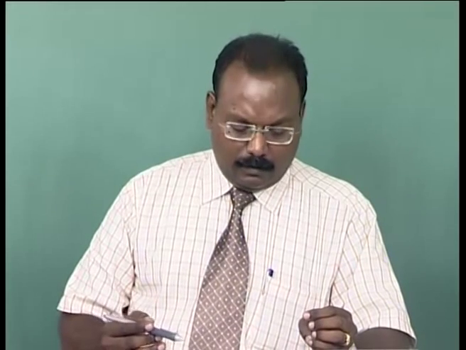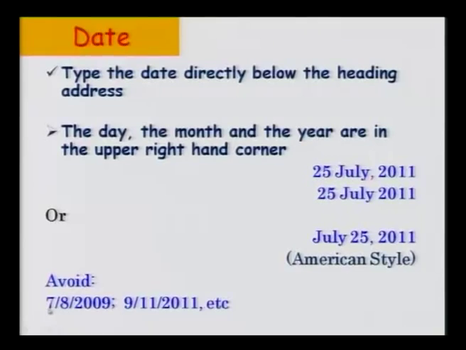Now, again what is the problem with 7/8 or 9/11/2011? What is the problem? Now, you can understand, if it is British, you will read this 7 as the day and 8 as the month, August. So, in British format this is 7th of August.